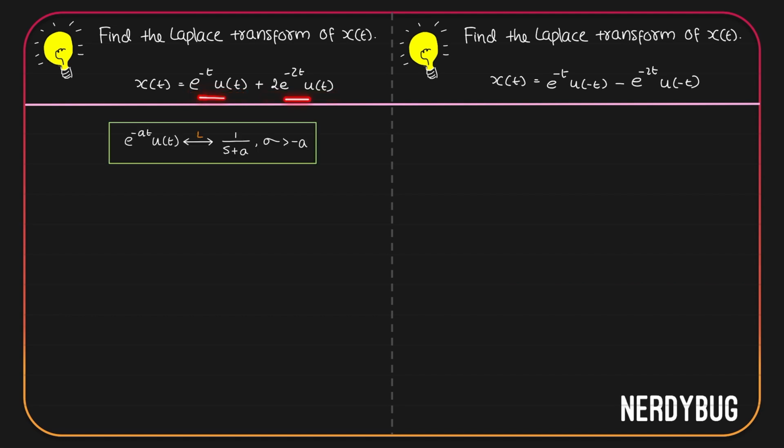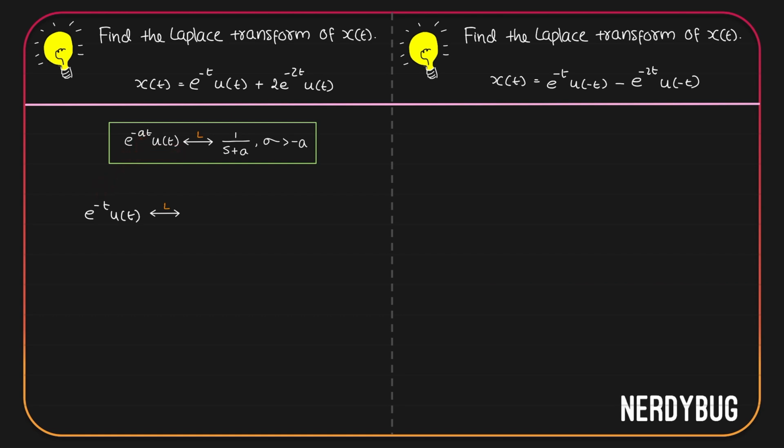Again, both of these component signals are of the form e raised to minus at u(t), and we know its Laplace transform is 1 by (s plus a). The ROC is sigma greater than minus a. So we can compare it with this and find the Laplace transform of x(t). First one is e raised to minus t u(t). Comparing it with e raised to minus at u(t), we can see a here is 1.